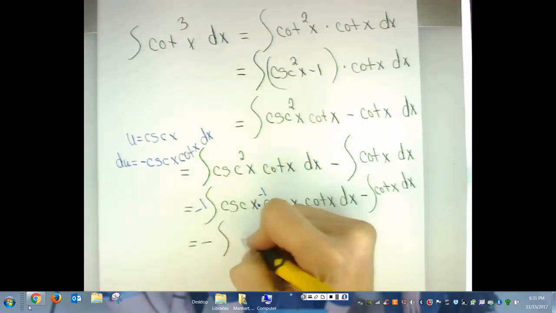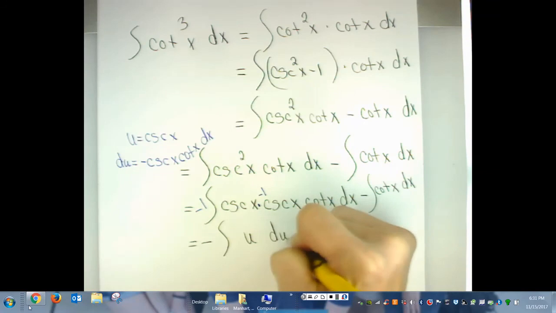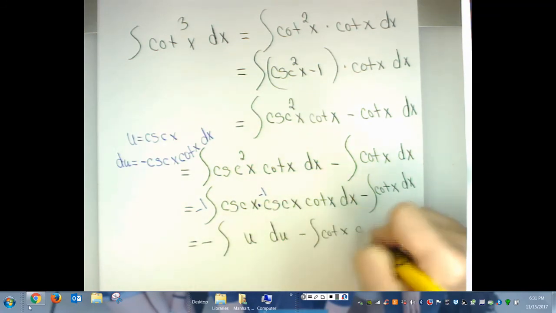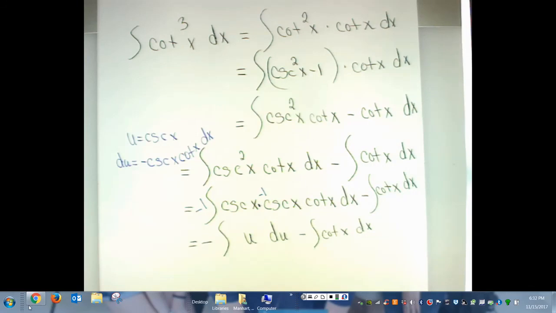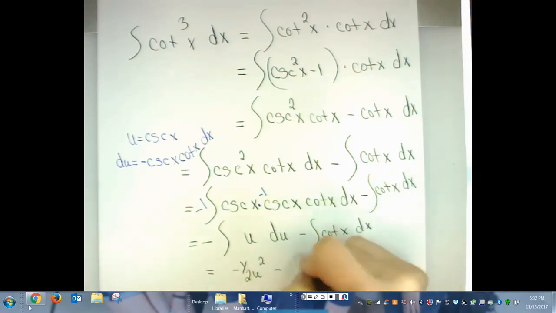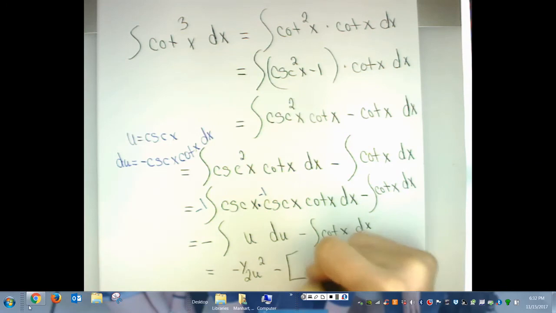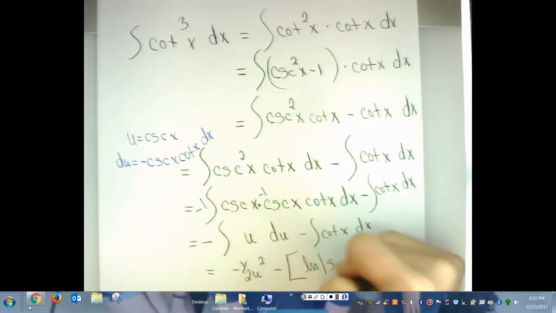And that's going to be negative antiderivative of u du minus the antiderivative of cotangent x dx. The antiderivative of u is 1/2 u squared, but in this case it's a negative 1/2 u squared. And the antiderivative of cotangent x, we can now think about our blue box special. And our blue box for that is natural log absolute value of sine x.